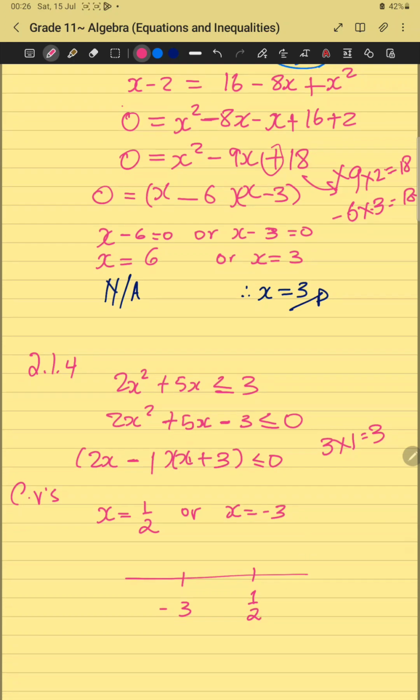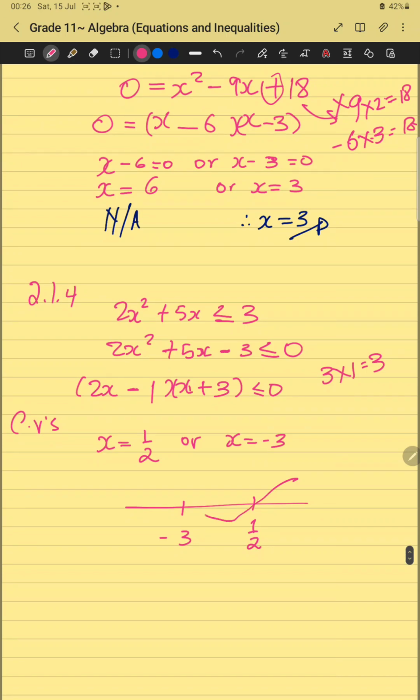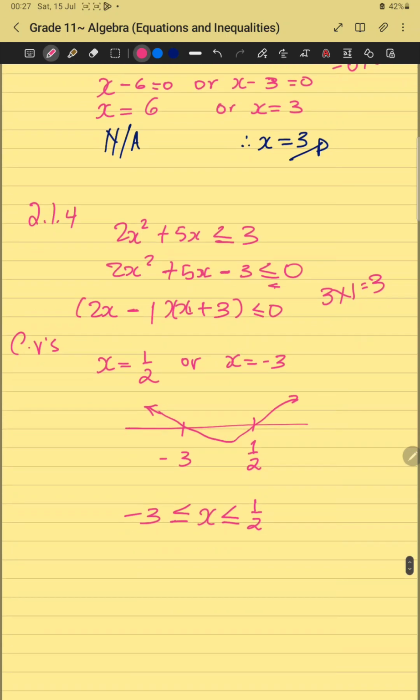So from here, if our equation is less than 0, therefore x will be less or equal to the positive critical value and greater or equal to the negative one. So it is just vice versa. All right, so yeah, we are done now.